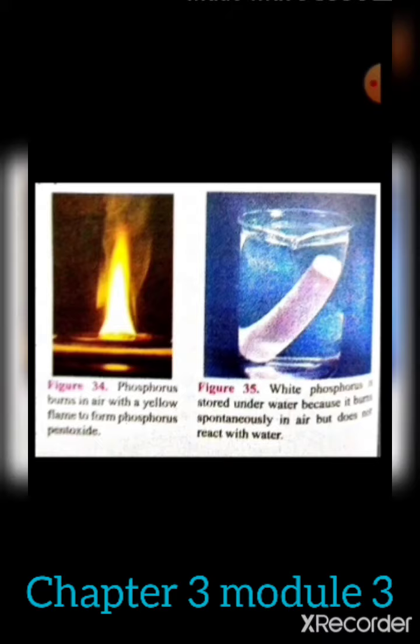It is stored under water because it burns spontaneously in air but does not react with water. So as I have told you that non-metals do not react with water and acid, phosphorus is stored under water but it vigorously reacts with oxygen. Therefore it should be kept under water.